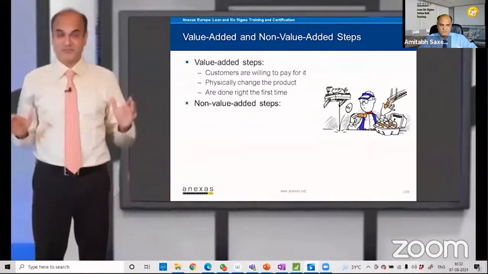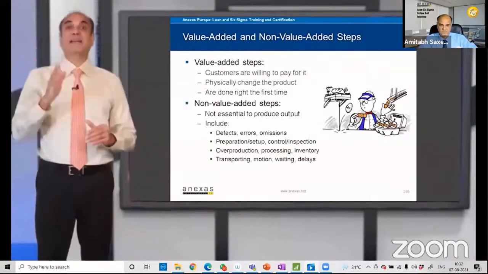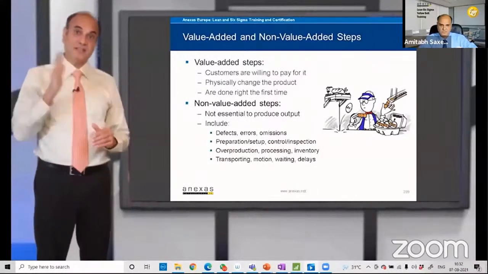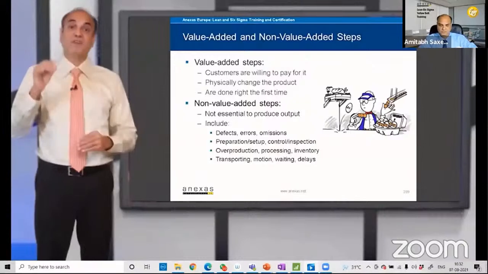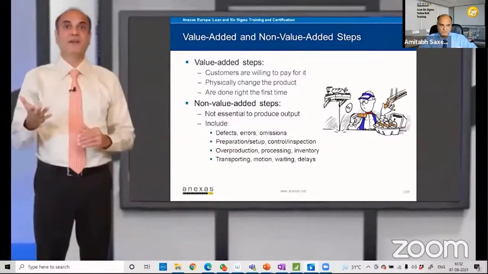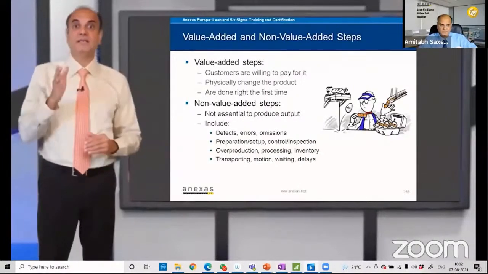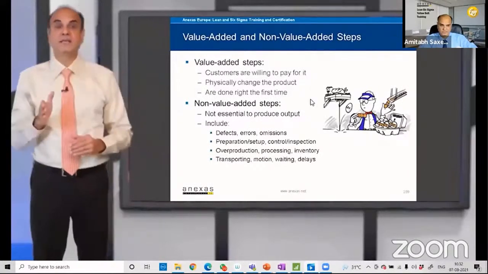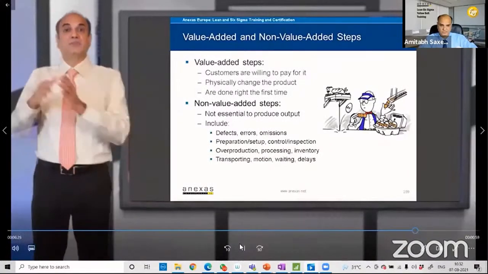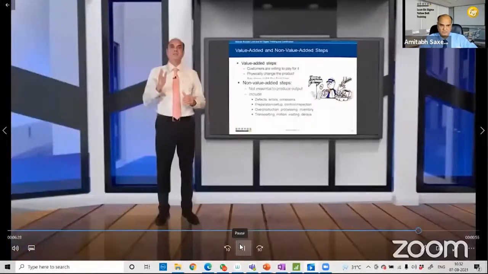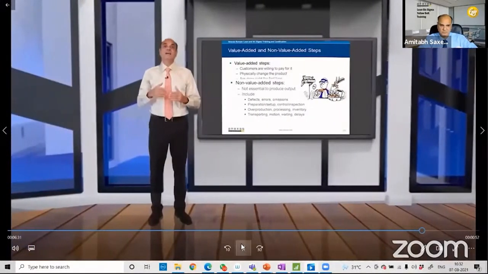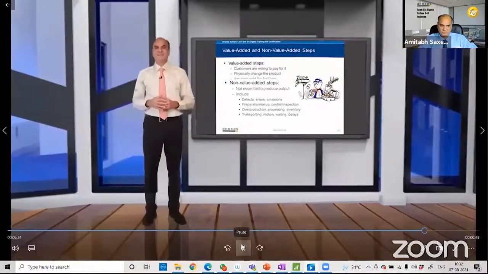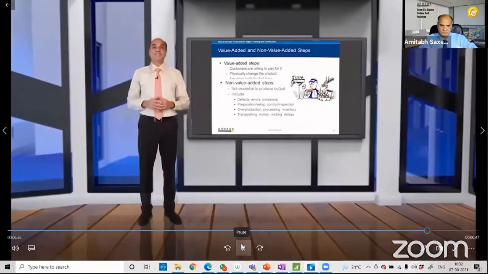And one more criterion for a value-added step is that it should physically change the product and bring it closer to the output. So if any of these 3 conditions are not satisfied, that process step is a non-value added activity. It can be classified as a waste.